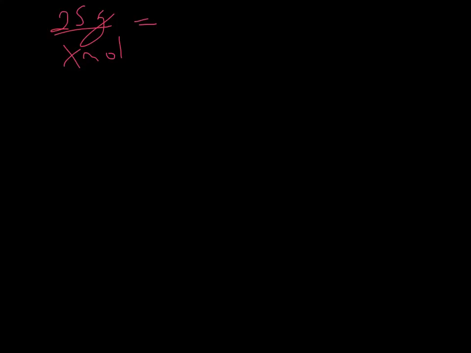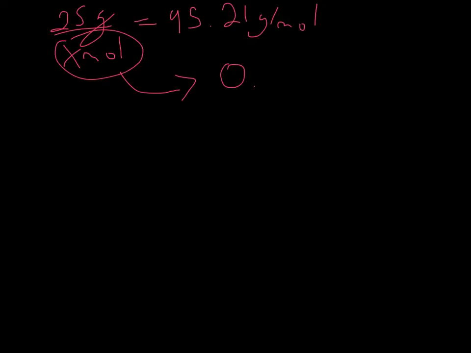I did it already, which is, it has a molar mass of 95.21 grams per mole. You calculate it out, times each side by x, and multiply by 95.21, gives you 25 over 95.21 equals x mole, which equals 0.263 mole MgCl2.